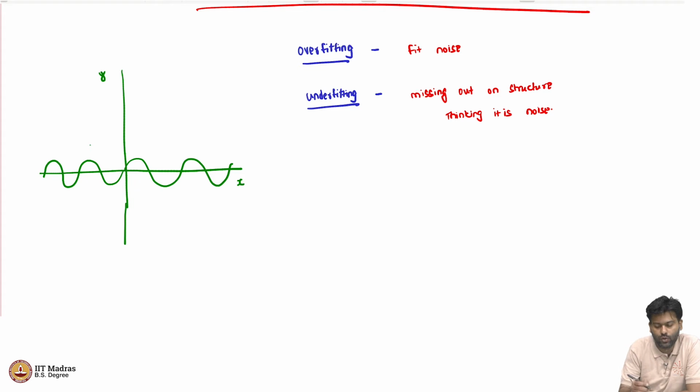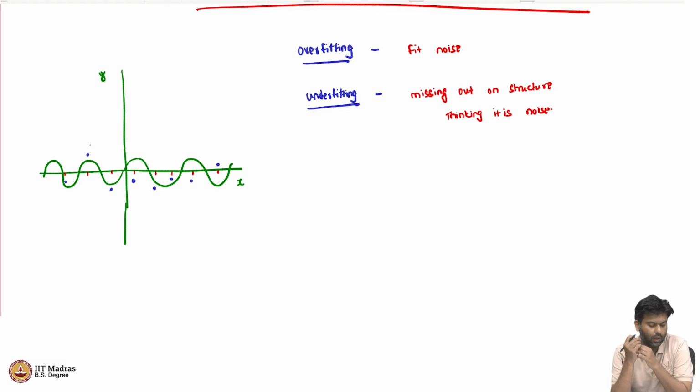Let's say this is the true structure, a sine curve, but the data points we get for x comma y do not lie exactly on the structure, because there is some noise associated with it. Something like this, right? So this is the data set that we actually look at.